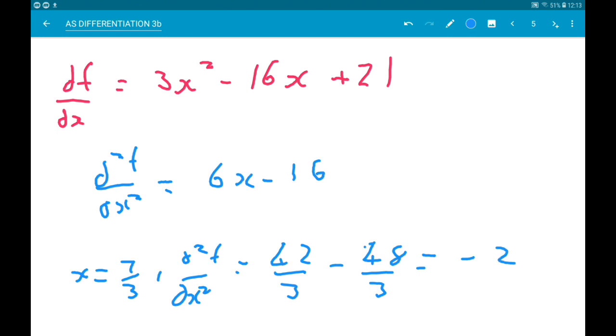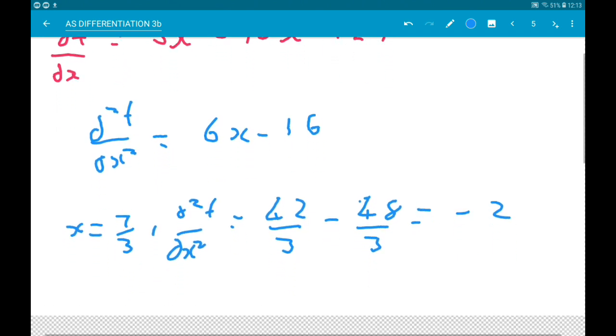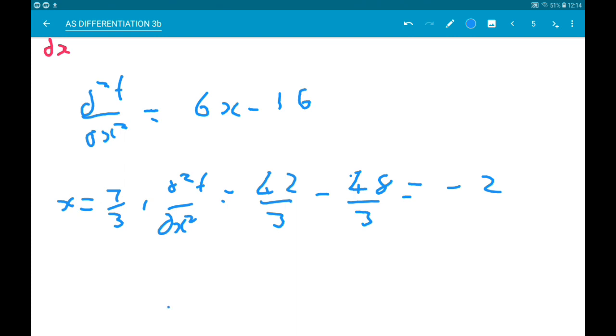So that's negative, which means 7/3, 4/27 is a maximum.